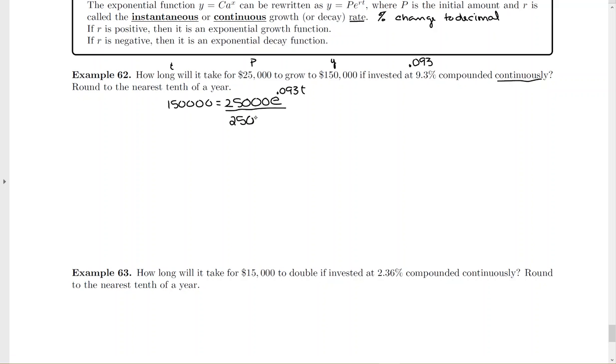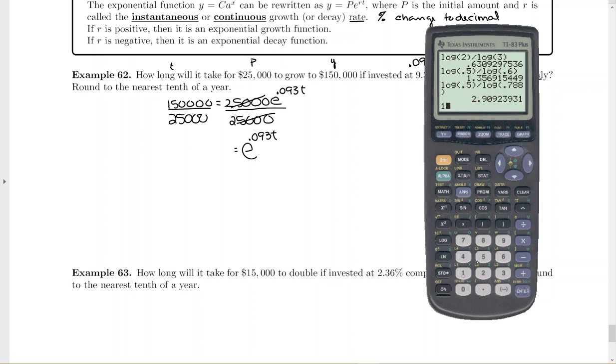Divide by 25,000 on both sides. So our e to the 0.093t equals, and then go ahead and do the division. It comes up a nice number, 6.